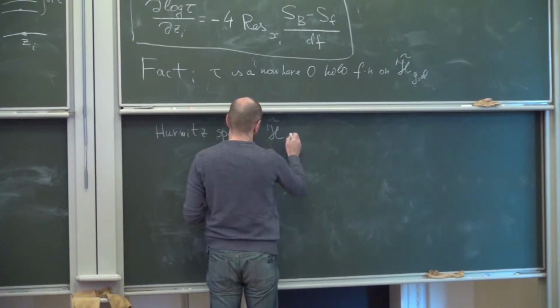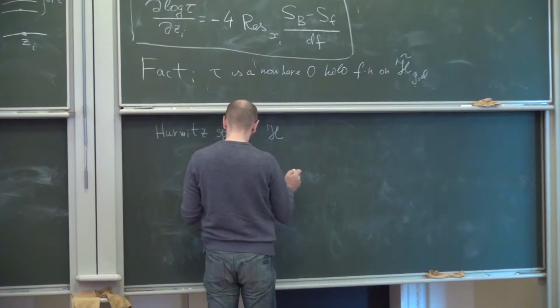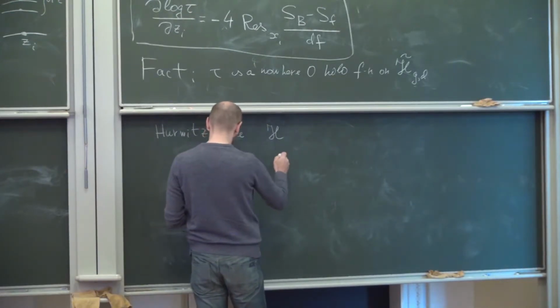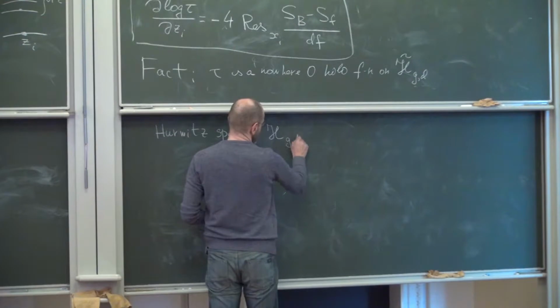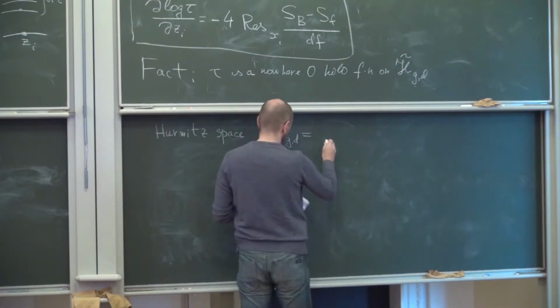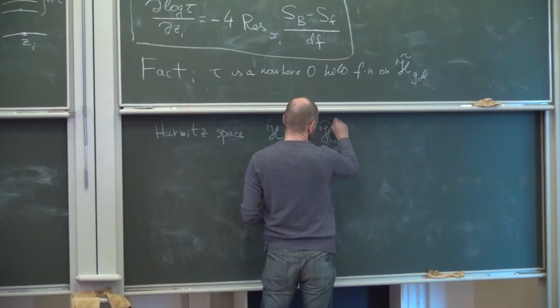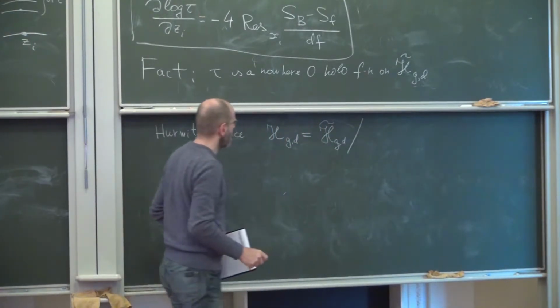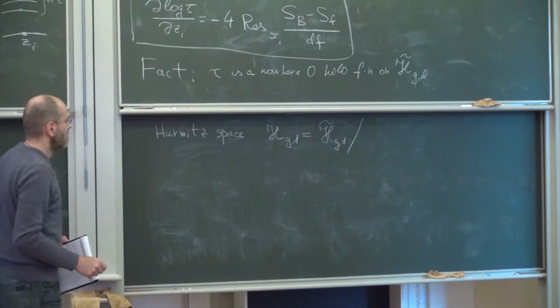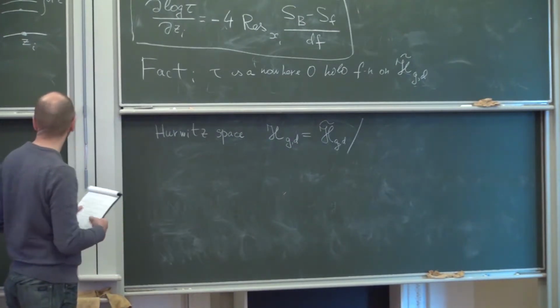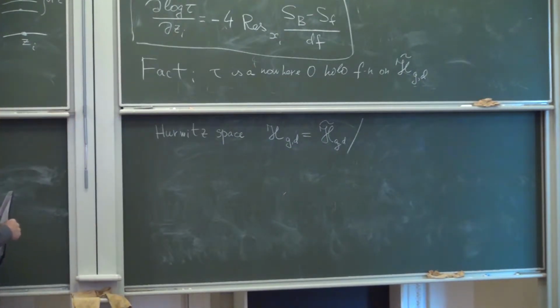So let's denote it by H without tilde, GD, and this is H tilde GD factorized by a natural group that acts on the space H tilde.